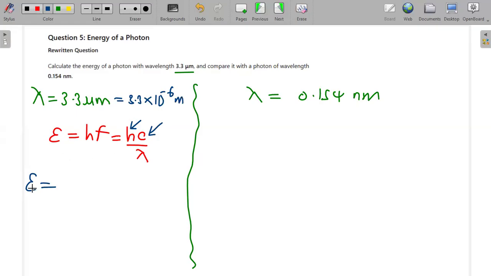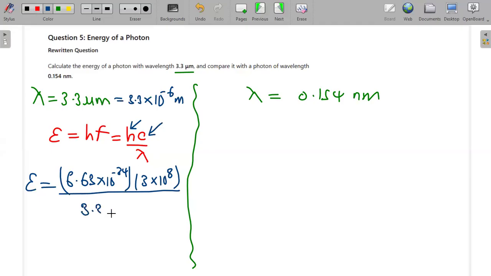So the energy for the first one will be Planck's constant, 6.63 multiplied by 10 to the power minus 34, multiplied by the speed of light, which is 3 multiplied by 10 to the power 8, divided by the wavelength, which is 3.3 multiplied by 10 to the power minus 6.